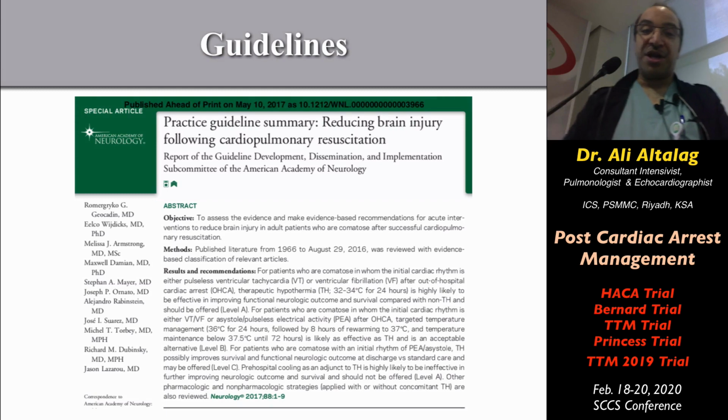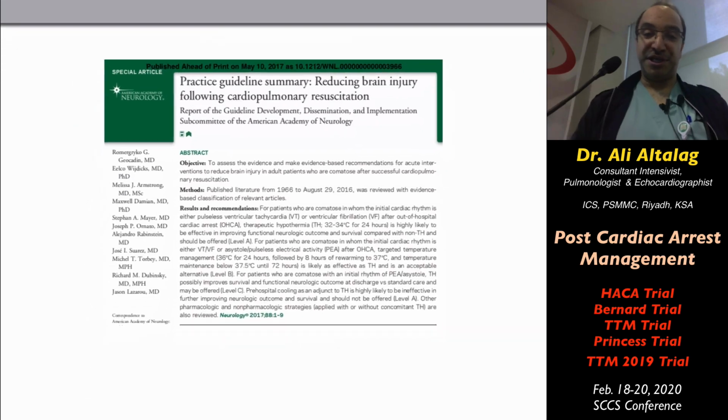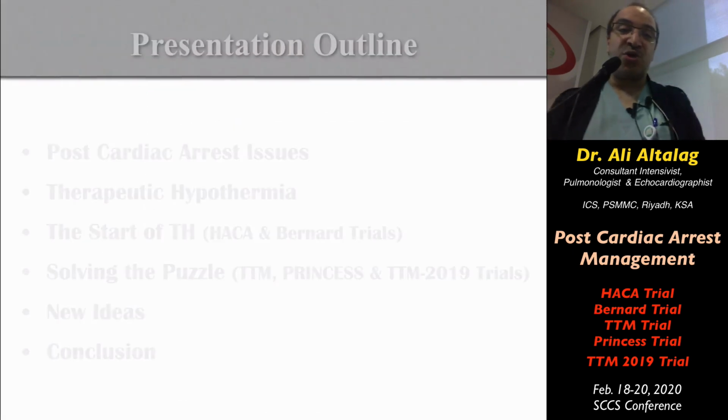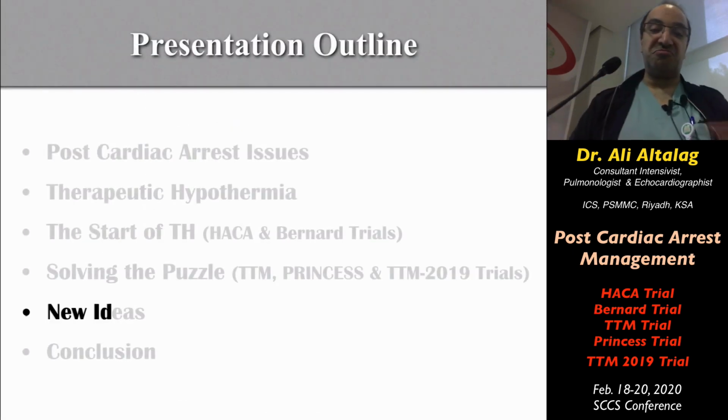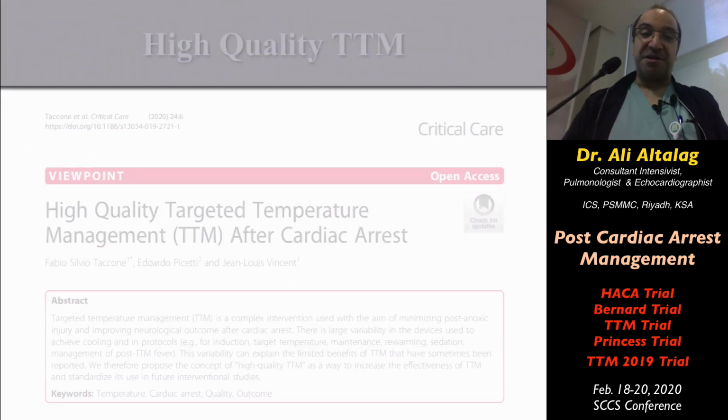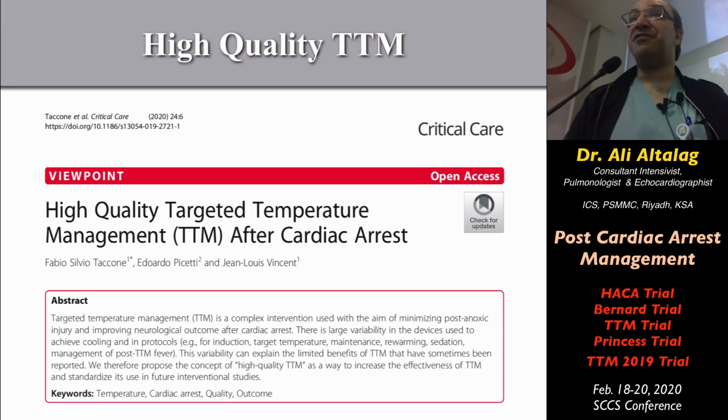So guidelines are confusing. This is one of them from the American Academy of Neurology. And this is the ILCOR guidelines. And let me go to some new ideas and I'll end.